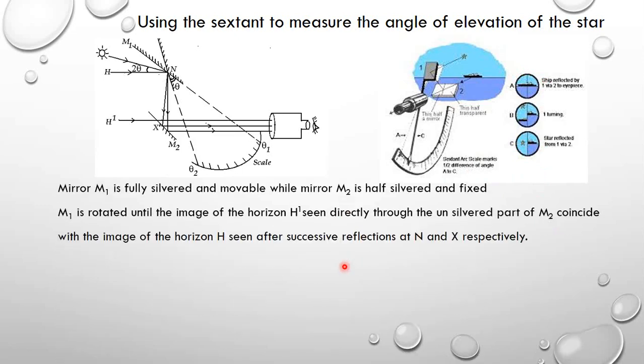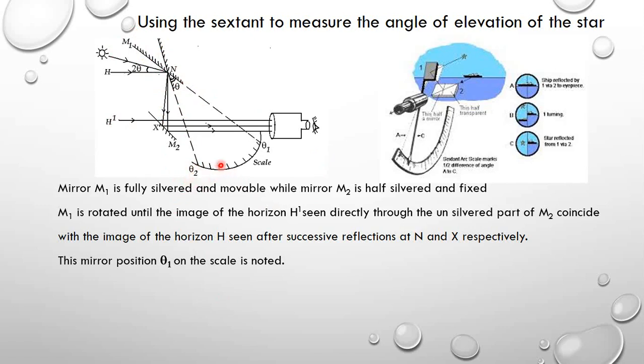Now after achieving the second case, that is when the image of the star is coinciding with the image of the horizon, we shall measure the new position of M1. Remember, this M1 is movable, so after rotating it, we shall measure that new position, θ2.